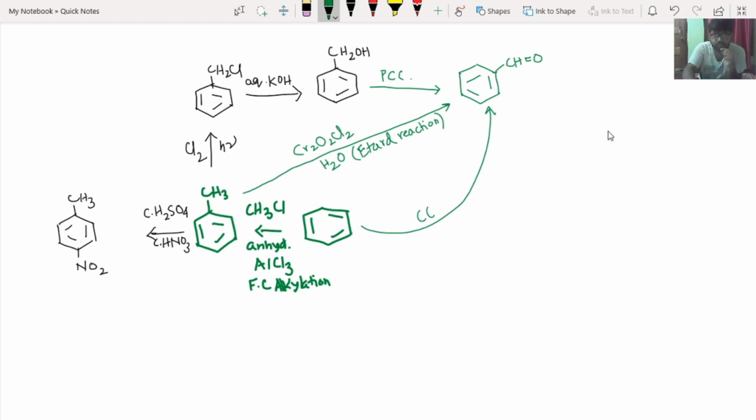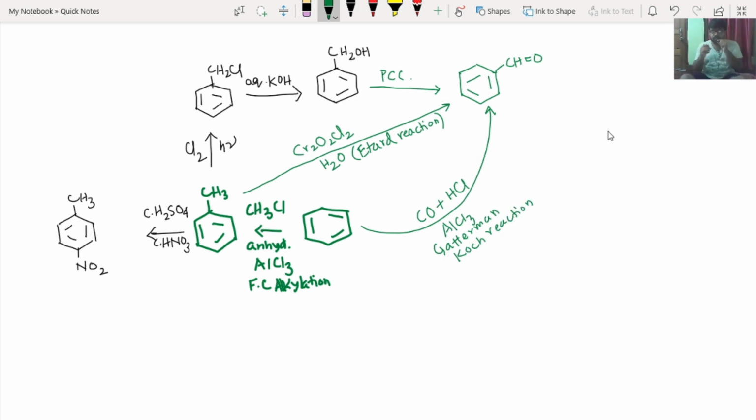The reagents are carbon monoxide, HCl, and AlCl3. This is called Gattermann-Koch reaction.